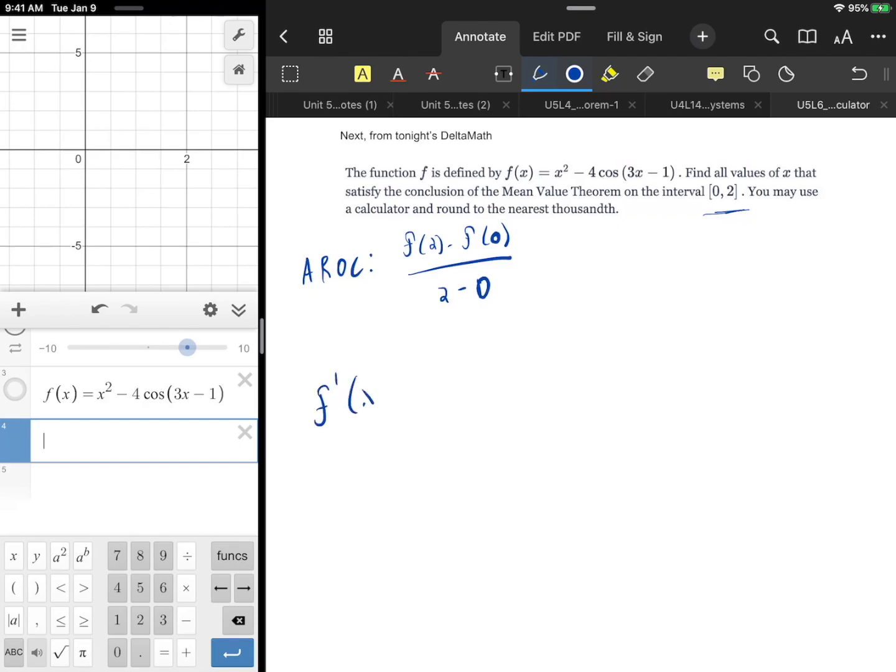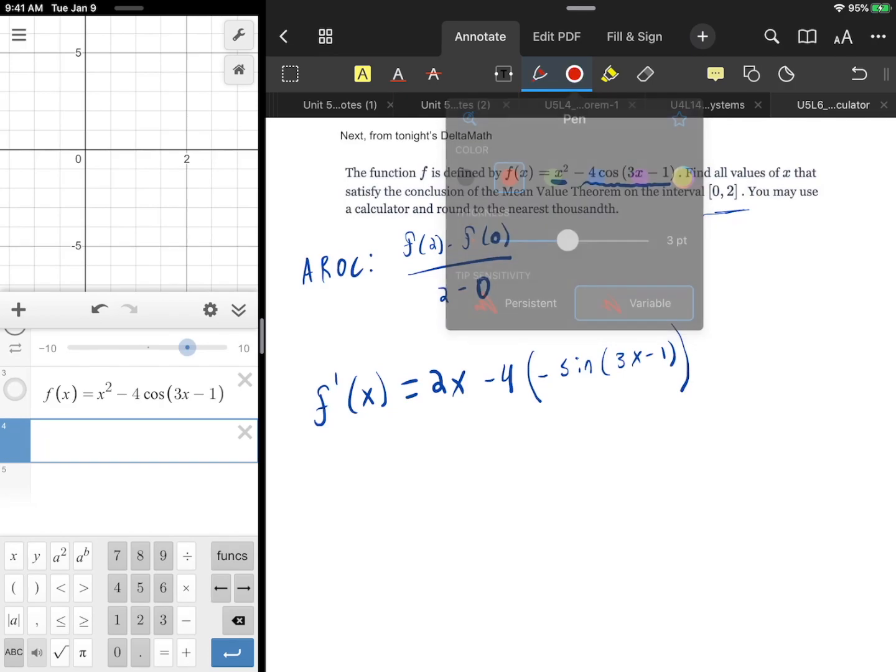So you need to have the derivative rules well memorized: the derivative of x squared is 2x using the power rule, and the derivative of negative 4 times the cosine of 3x minus 1 requires the chain rule. First, it's negative 4 times negative sine of 3x minus 1, because the derivative of cosine is negative sine.